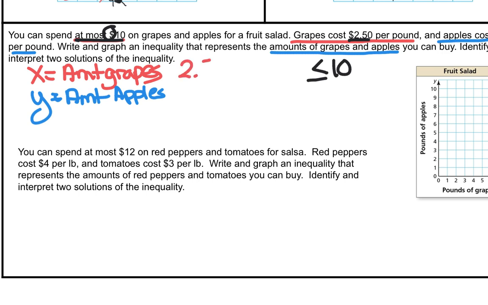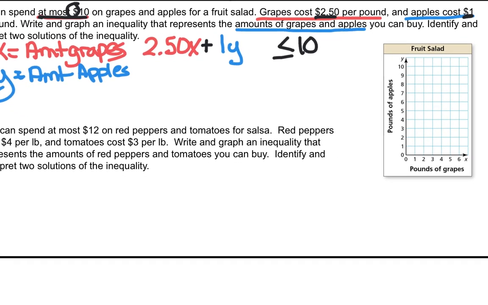So $2.50 per the number of pounds of grapes that we got, plus how much am I going to spend on apples? Well, apples are $1 per pound. Okay, so we need to graph this.